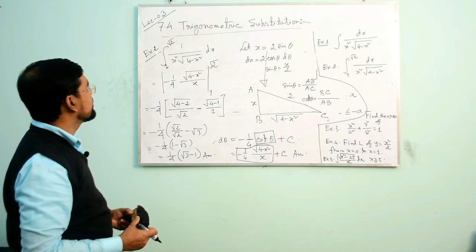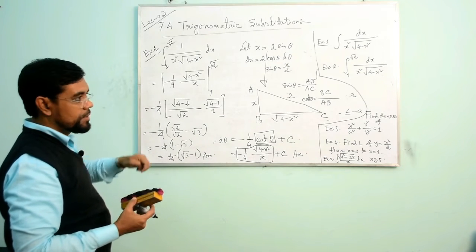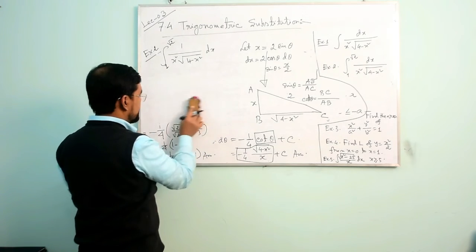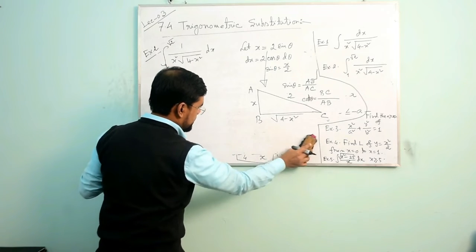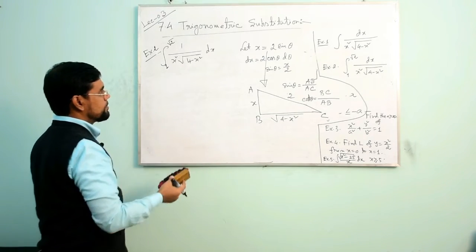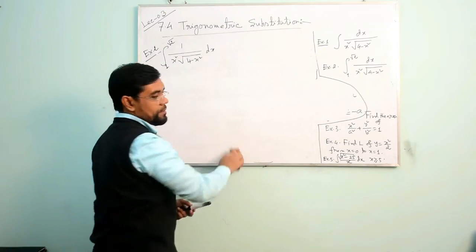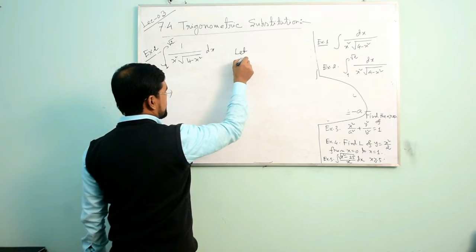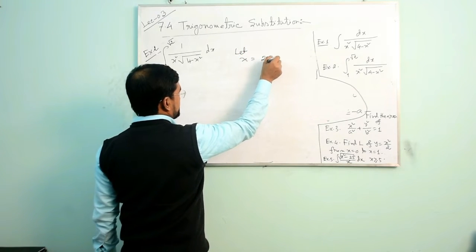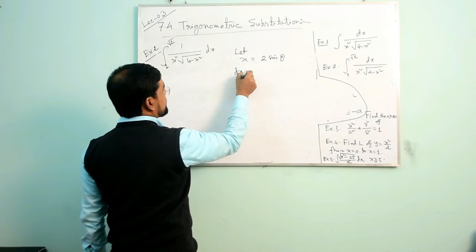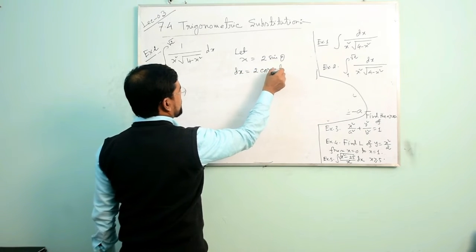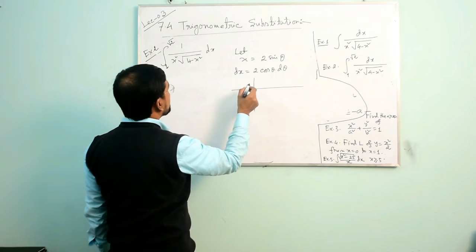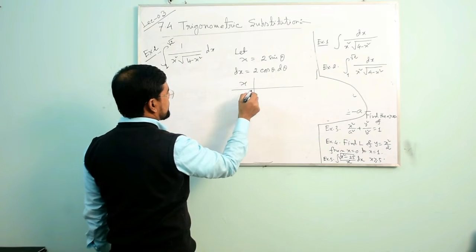Or you can evaluate this integral by another method, where you don't need to evaluate the indefinite integral first. You can integrate directly using this substitution. So let's say x equals 2 sin theta, therefore dx equals 2 cos theta d theta. At the same time you can evaluate the corresponding values of theta.